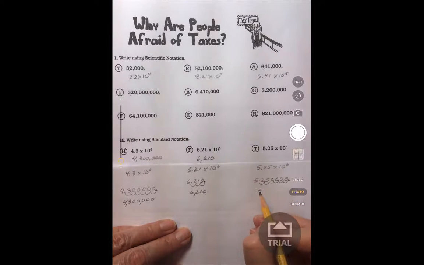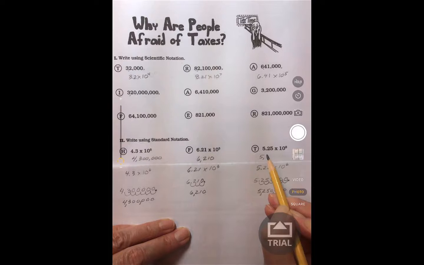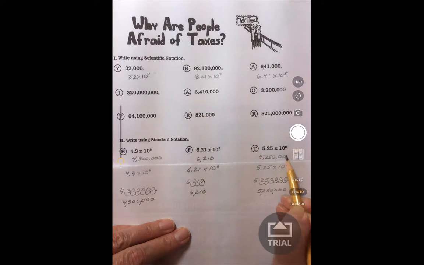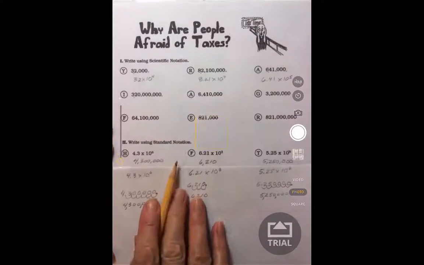All right, let's rewrite this. And we'll count from the back. 1, 2, 3, comma, 1, 2, 3, comma. So this number in standard notation is 5,250,000. So 5.25 times 10 to the 6th power becomes 5,250,000. There. So now you know how to do the top half and the bottom half.